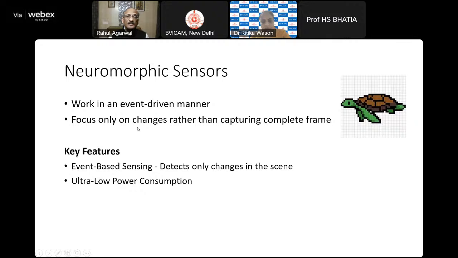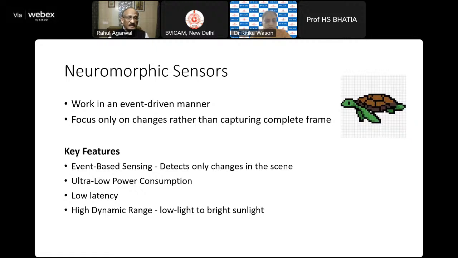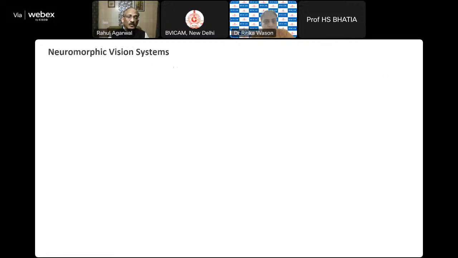It is ultra low power in terms of power consumption, and because of this it has very low latency, and there's a high dynamic range, so it can recognize changes from low light to bright sunlight. And it obviously uses spiking neural networks. There are various neuromorphic vision systems based upon such sensors.